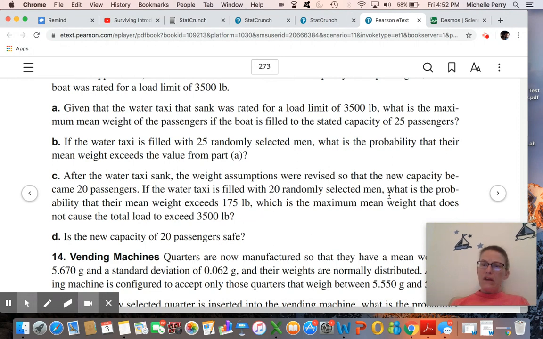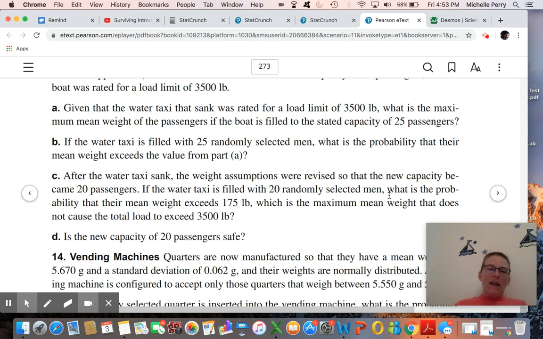Would you want to be on that boat? You want to ride that boat if you know that you've got 25 men, and when you look at their weight, and if we assume 140 pounds for each of those men, I don't think that boat's going to make it up the harbor. Therefore, I would not want to ride that boat. It's not safe. So, let's talk about adjusting it a wee bit.